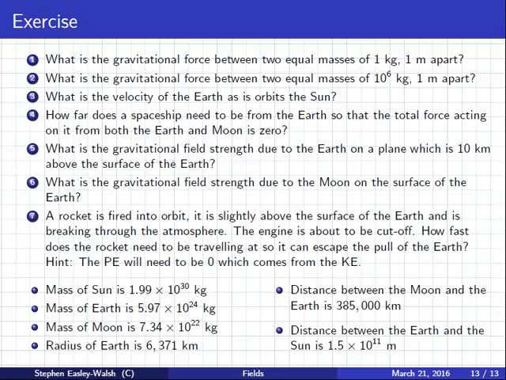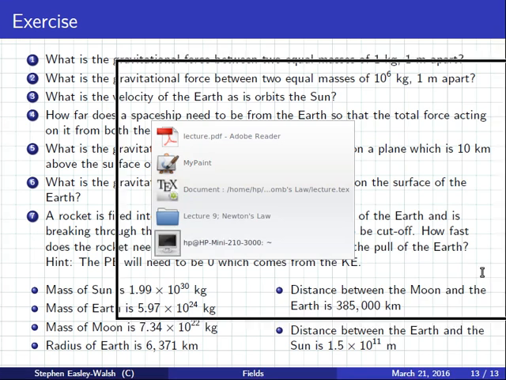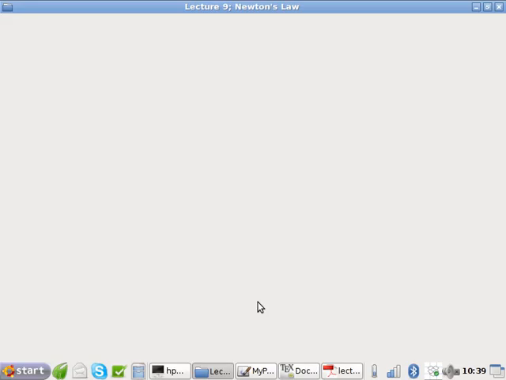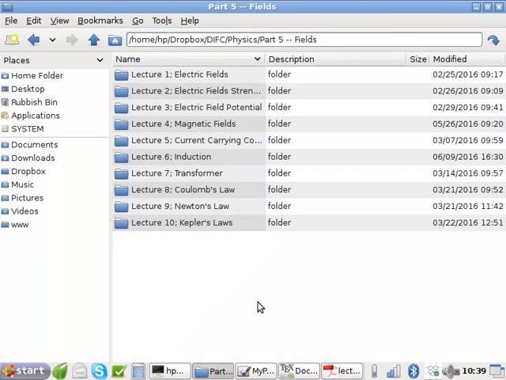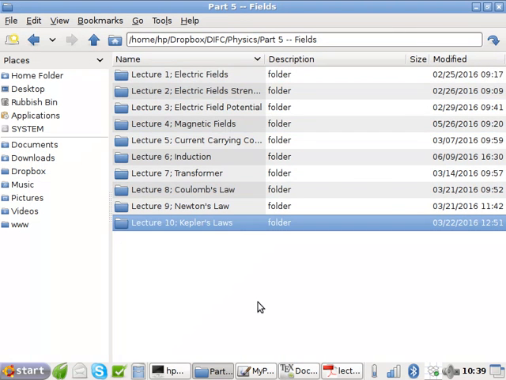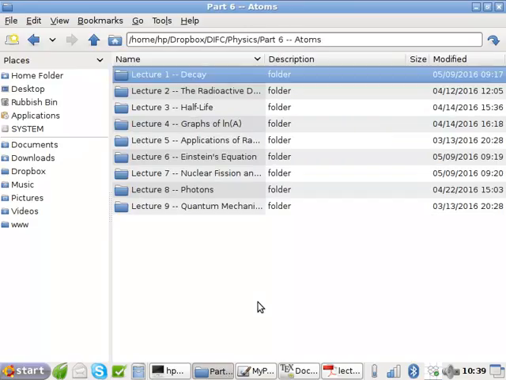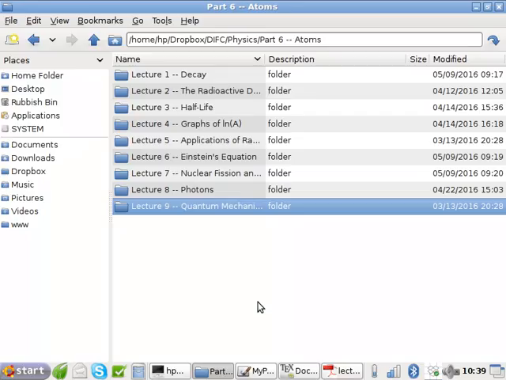Okay, you got this? Yeah? Okay, I guess we have to finish there. In this lesson there is one more topic, and then we're into the final section of the course, which is the atom. There are 9 topics in that. And once the atom is finished, we will do exam papers in class.